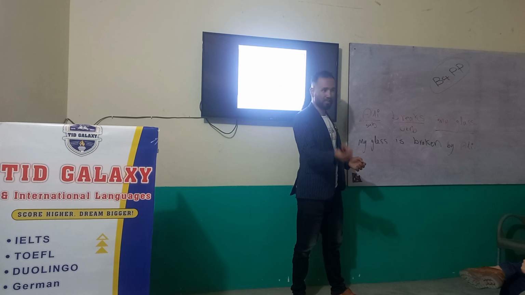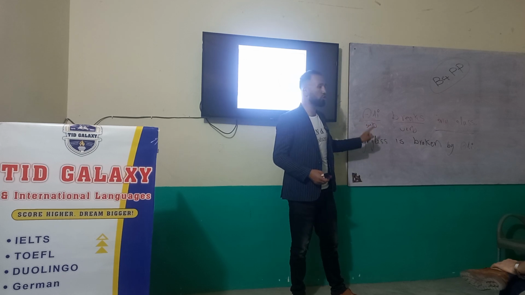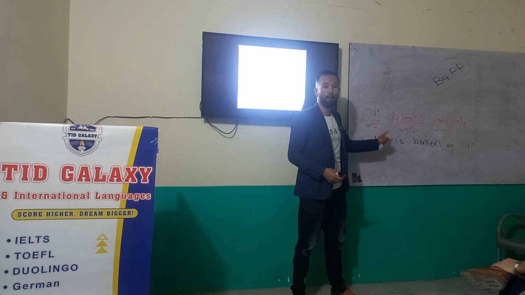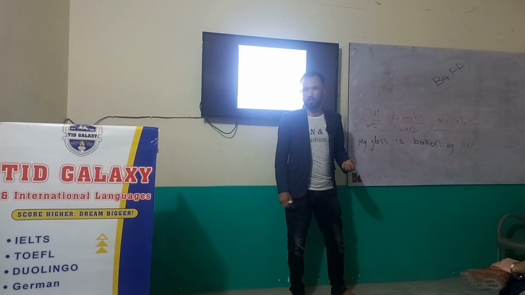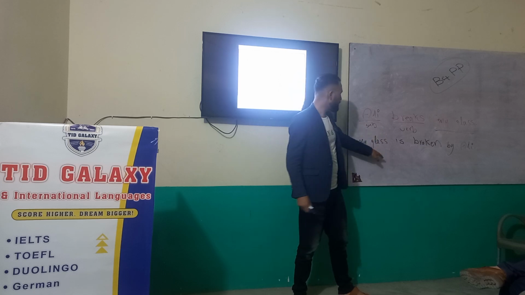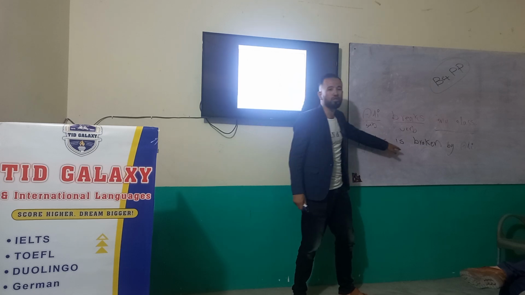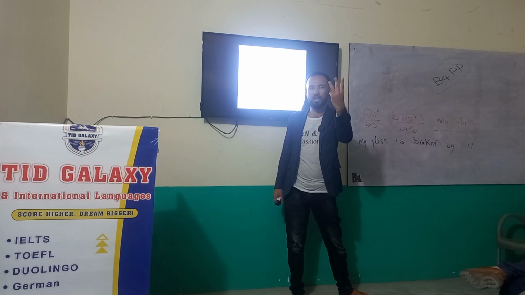For simple present tense, what is the to be verb form? Is, am, are. So according to your tense, you should use is, am, are. My glass is singular, so what should you use? Is. Excellent. After your object, you should use is. Got it? Now, rule number three.